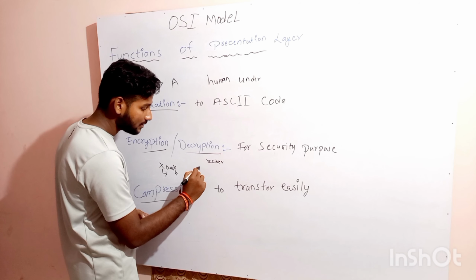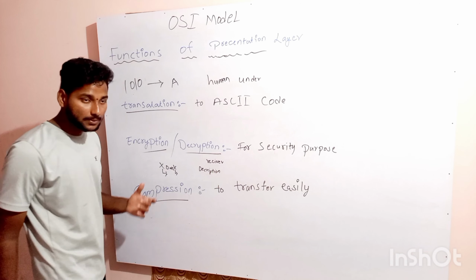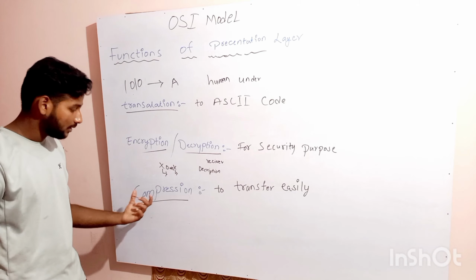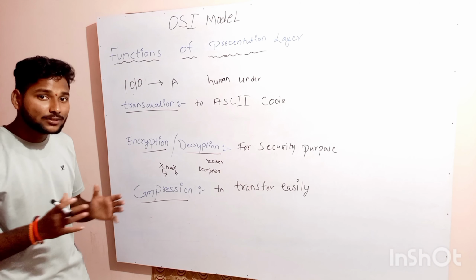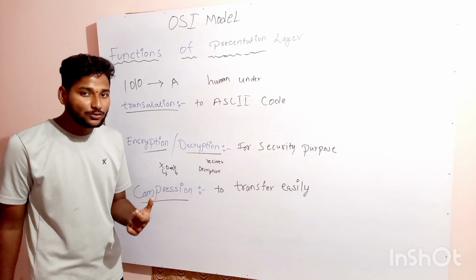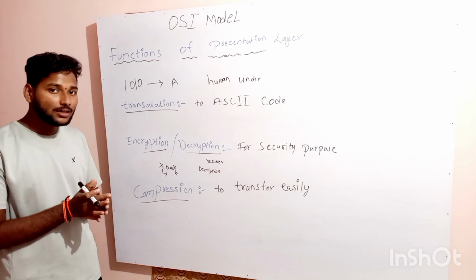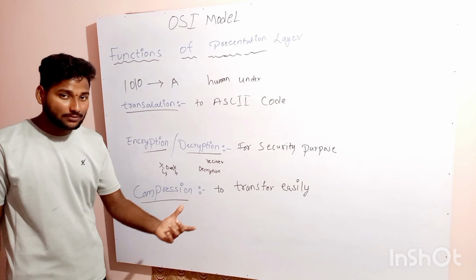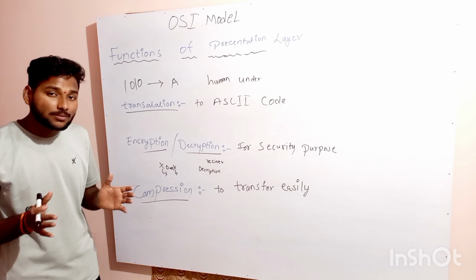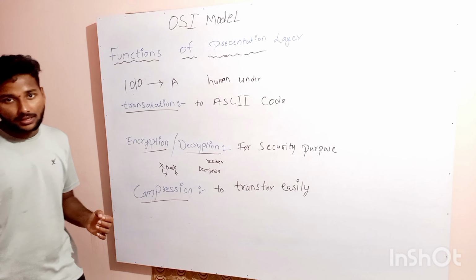This is known as decryption. Compression means if the data is too large, it cannot be transferred easily through the medium, so we compress the data and reduce its size. It is then easy to transfer the data without any information loss. These are the functionalities of the presentation layer.